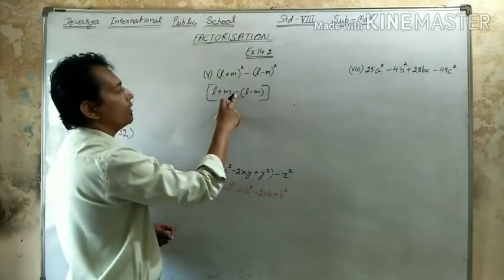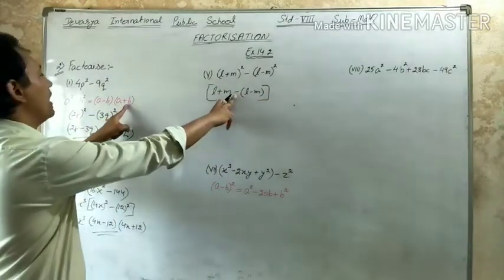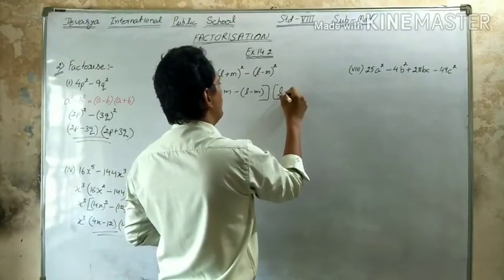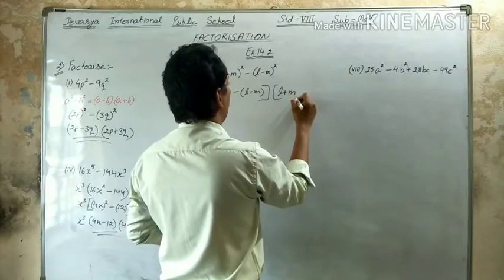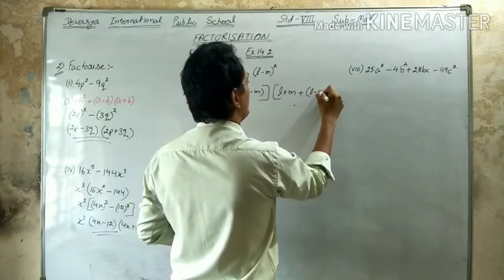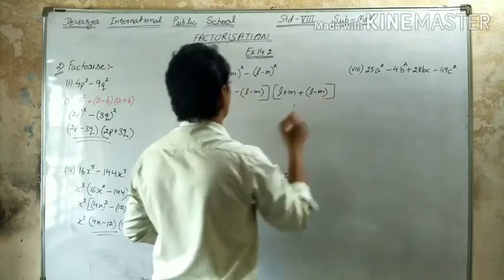So one time we have done minus, second time we have to do plus. l plus m plus l minus m.